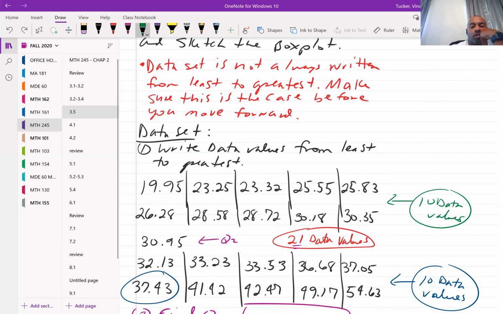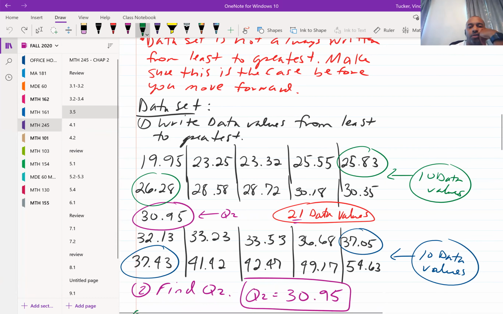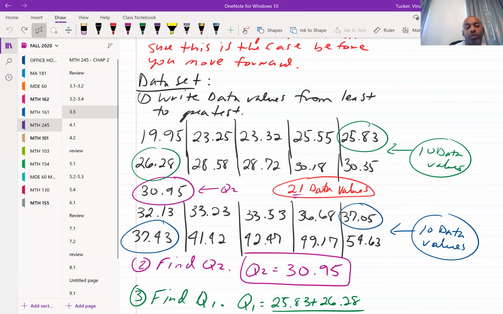All right, so let's look at finding Q2. I already mentioned that Q2 is our middle value, 30.95, so it's nothing for me to have to do.